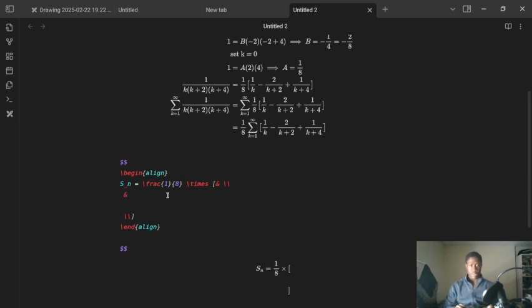Okay, I think it's going to work. So if I do 1 here with 1, I'm going to have 1 minus 2 over 3, and plus 1/5. It took a while.